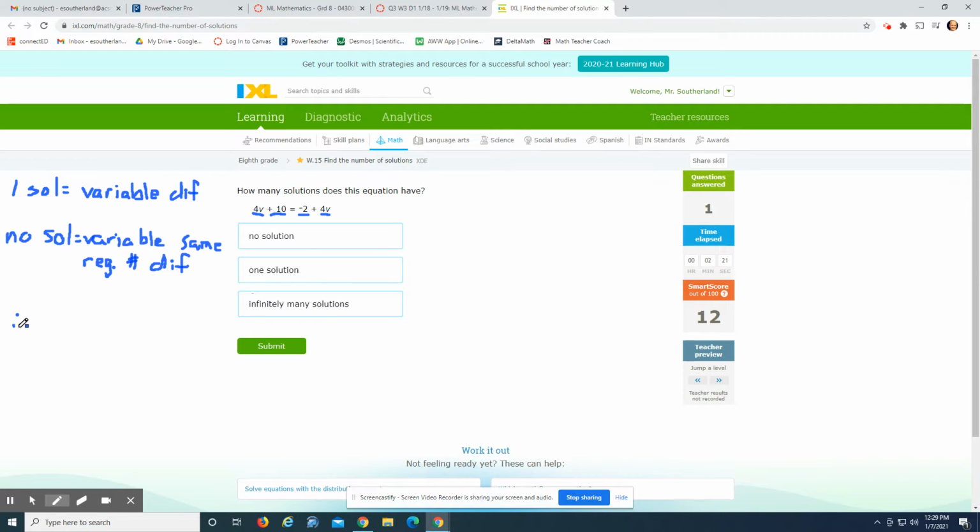Infinite solutions would be when everything's the same, and we'll take a look at that in just a second when we get one. So infinite solutions is equal to variables the same, and the regular number is the same.